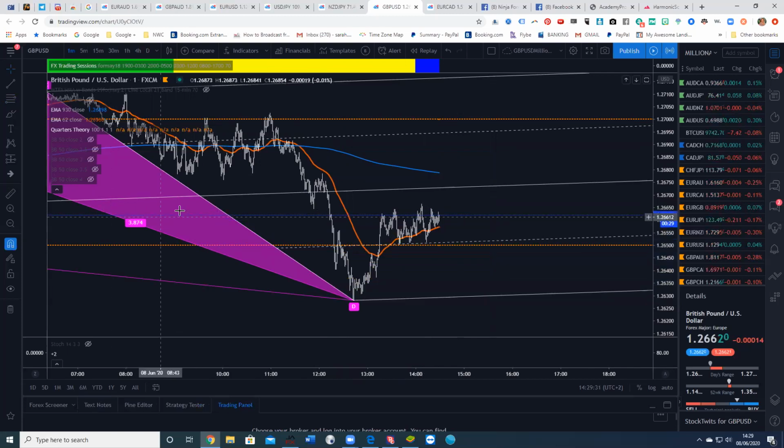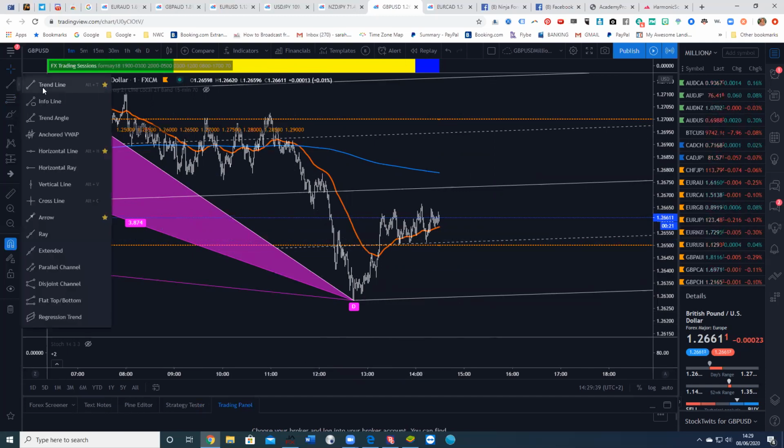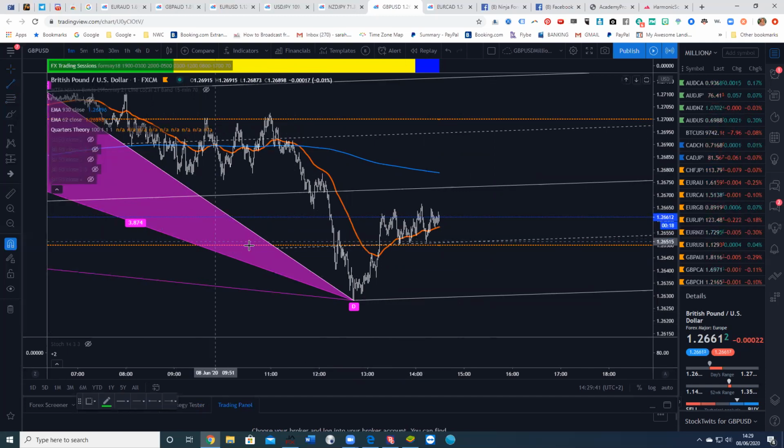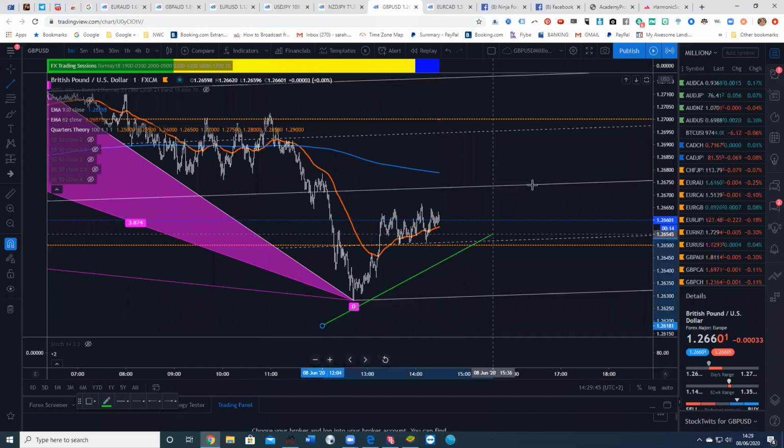Equally we could do, no, we can't do that. That doesn't work either. So let's put a trend line on it, and let's see if it's following. So you want as many touches as possible. So I quite like the look of that.